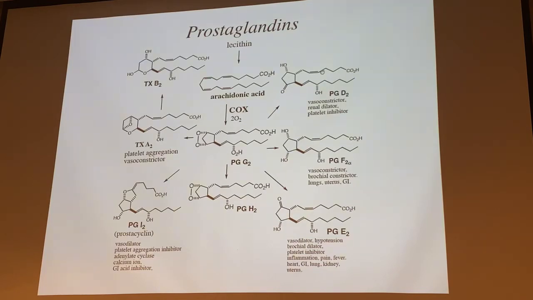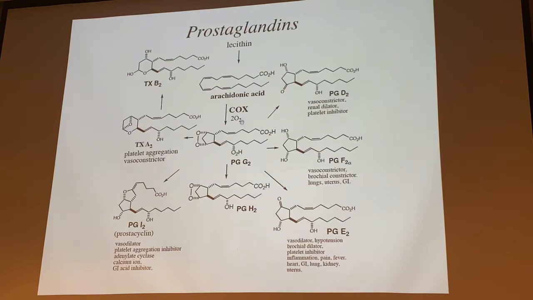Don't worry about that. The only thing I expect you to recognize here, and that's why we're talking about it, is they're carboxylic acids. And the prostaglandins, the hallmark here, is always a cyclopentane ring, which is kind of unique there, okay? But again, they're localized hormones that control a lot of things that have to do with pain and fever.